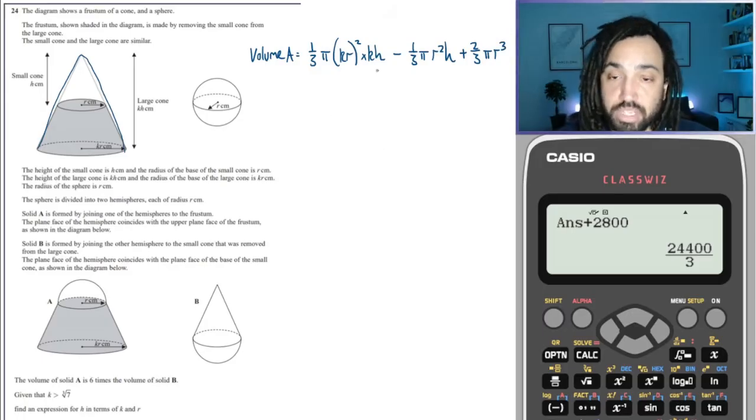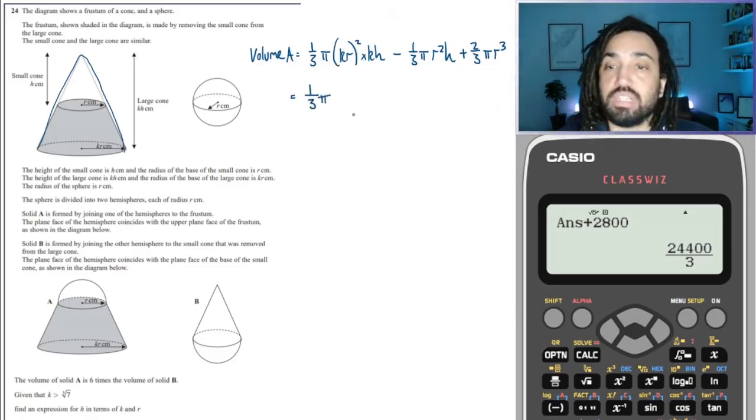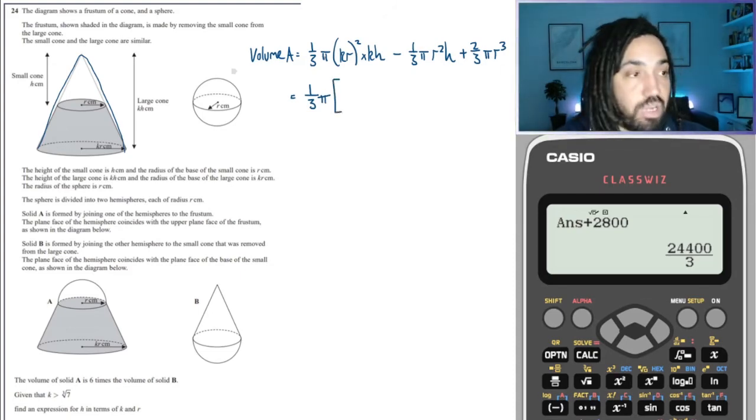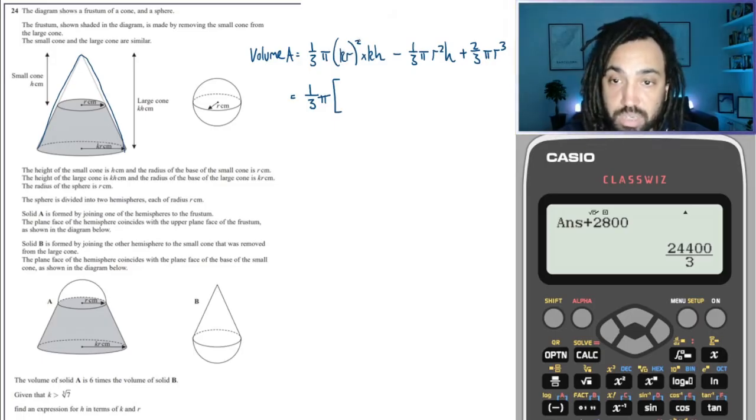So what I can do here to try and simplify things is I can take out a factor of a third pi. So if I take out a factor of a third pi of this term, the third pi just goes. I'm left with this thing here. Now when I multiply this out, I'm going to get k squared r squared kh.